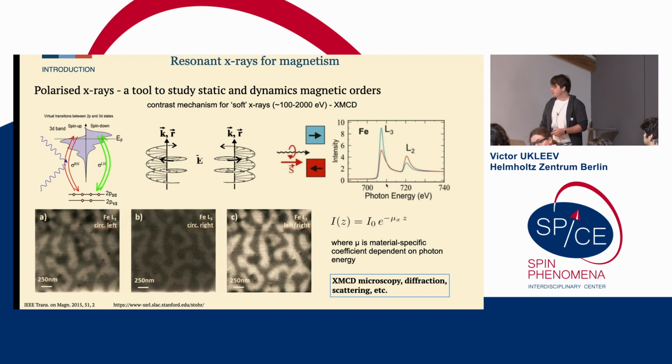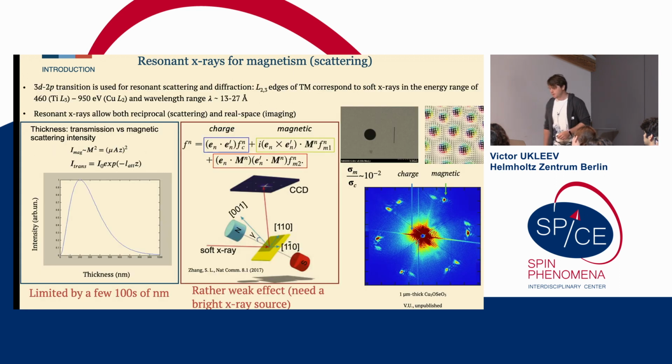So if you have the contrast mechanism, you can then implement any kind of optical technique like microscopy and diffraction, small angle scattering, and so on. My main tool is indeed scattering. As I mentioned already, we have photons with energies from a few hundreds of eV to 1 keV that correspond to absorption edges of transition metal elements. That corresponds to wavelengths from 10 to 30 angstrom roughly.